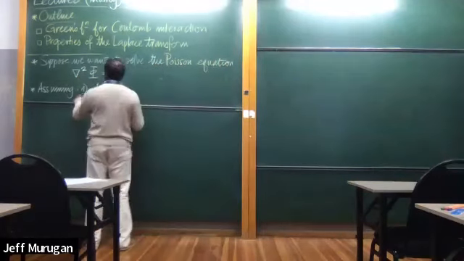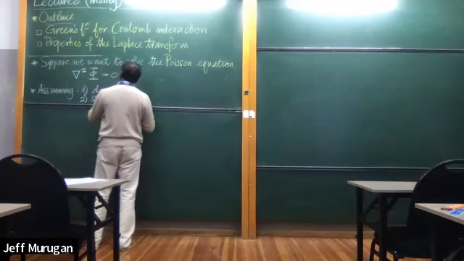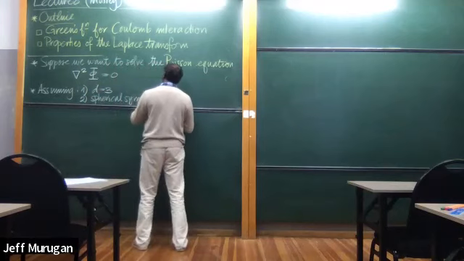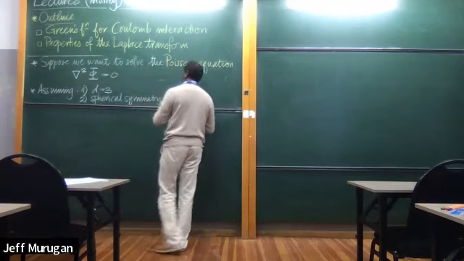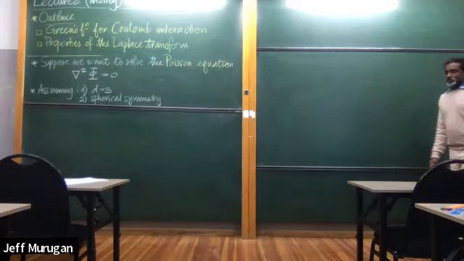So derivatives involving phi, theta, and r. But I'm also going to assume spherical symmetry. If I assume spherical symmetry, that means that nothing depends on any angular variables.